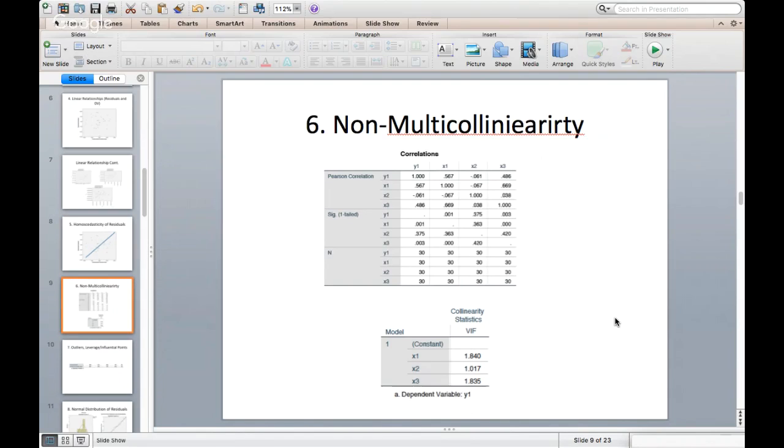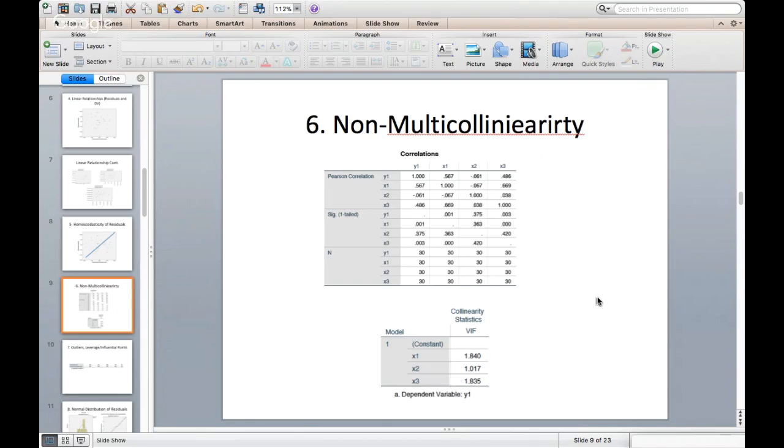This is a really, really important one. Collinearity is bad because we don't want our independent variables to be related. If we look at x1 and x3 right here, that's a pretty significant correlation. But that might be due to the fact that we have so many variables; as you add more variables, there inevitably will be a relation among some of them.